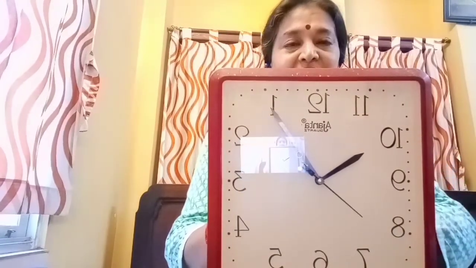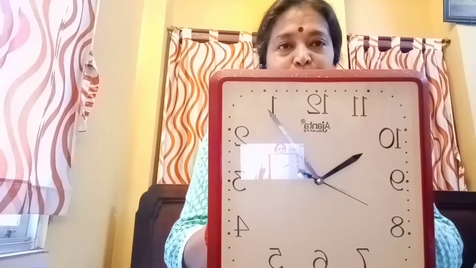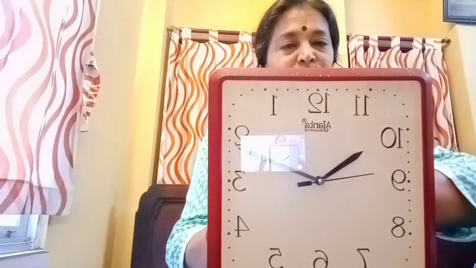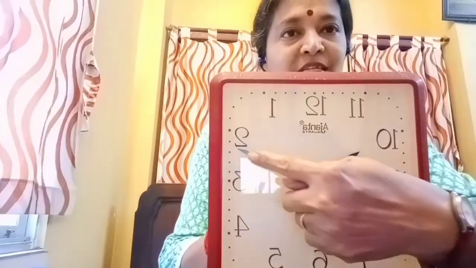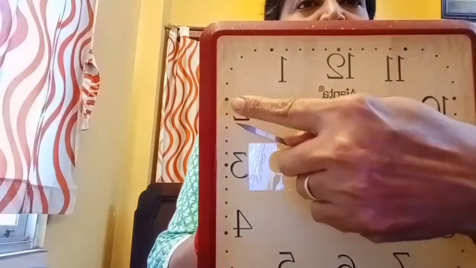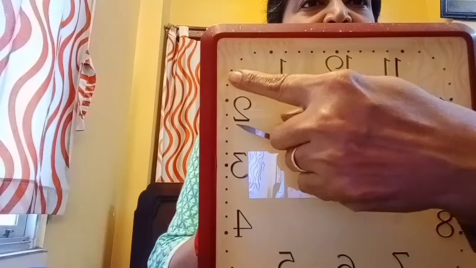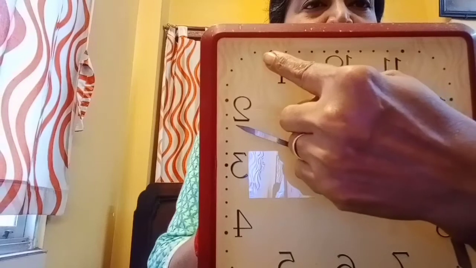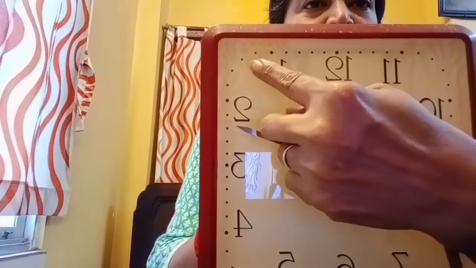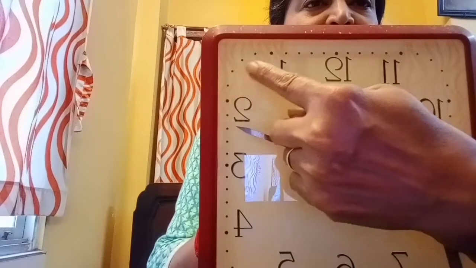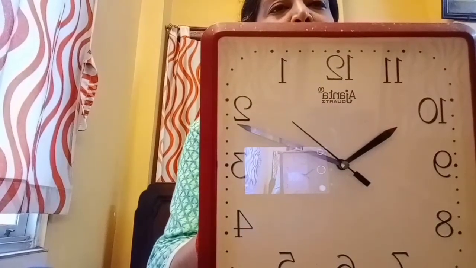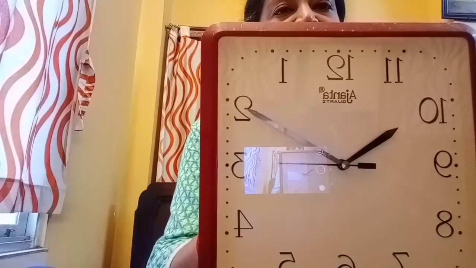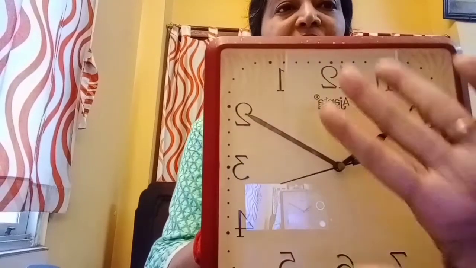This one. You can see now it is pointed on 1. Whenever it goes till 2, how many spaces will it cover? You can see from the dots. I am making it closer. If it starts from 1, from this point to 2: 1, 2, 3, 4, 5. That means whenever the long hand or the minutes hand moves from one digit to another digit, it always covers 5 minutes.